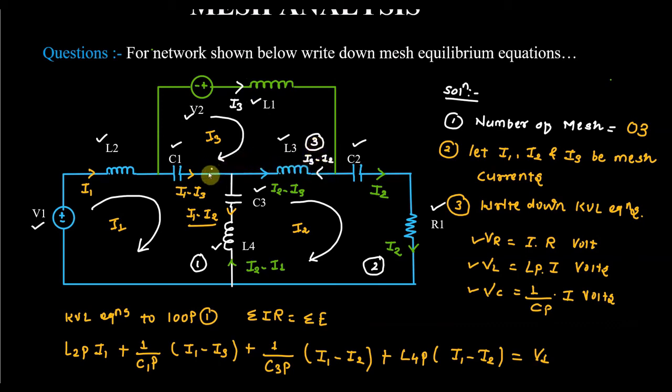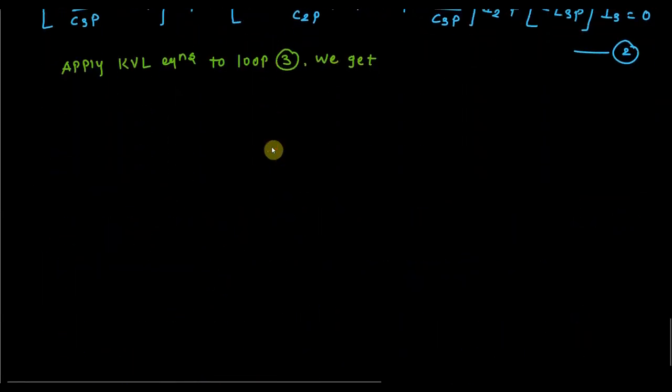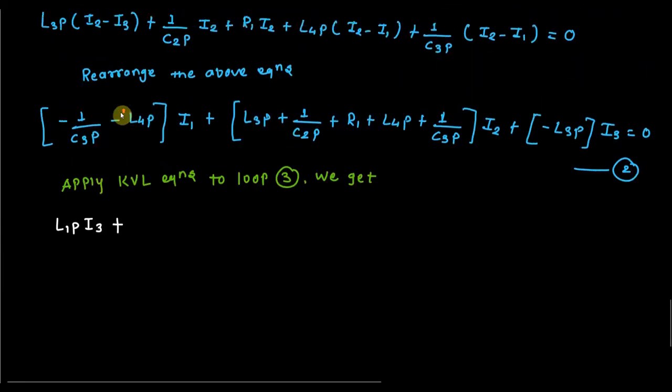Now then we have another element. This one is a capacitor. So this capacitor is common to third and first mesh. So here current is I3 minus I1. Fine. So there are three elements and one EMF. So we can write, for the first, L1P into I3 plus.